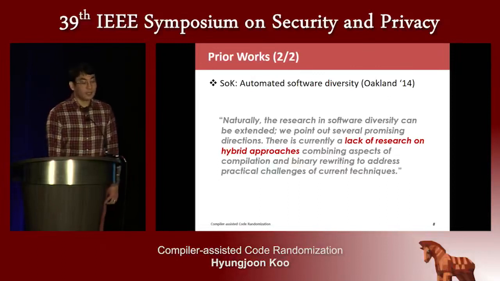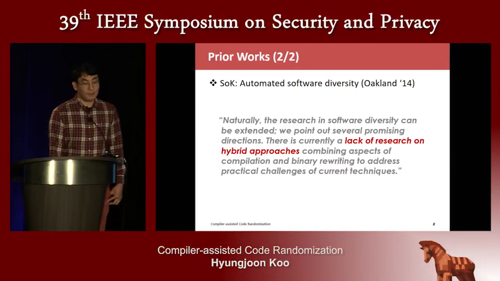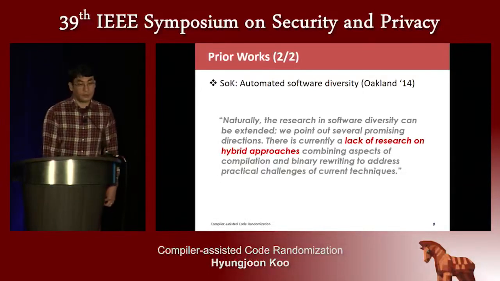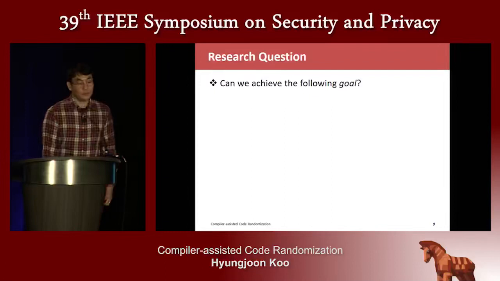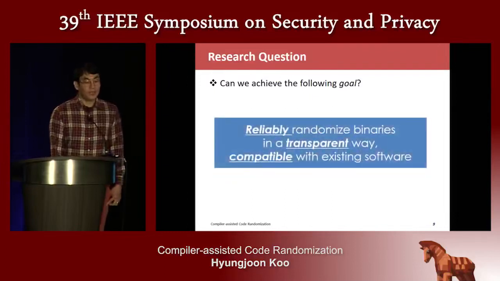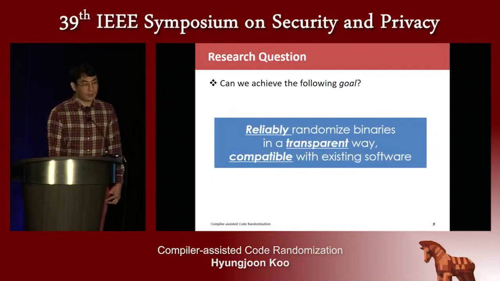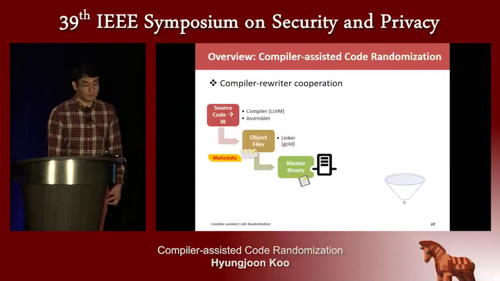There is currently a lack of research on hybrid approaches, combining aspects of compilation and binary rewriting." So this is exactly what we did. We have set up the research question with the following goal: can we reliably randomize binaries in a transparent way, compatible with existing software?